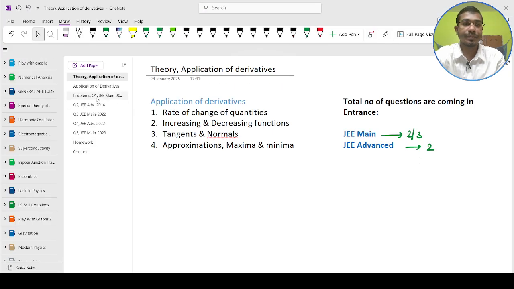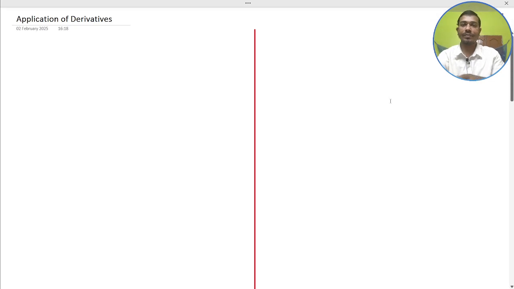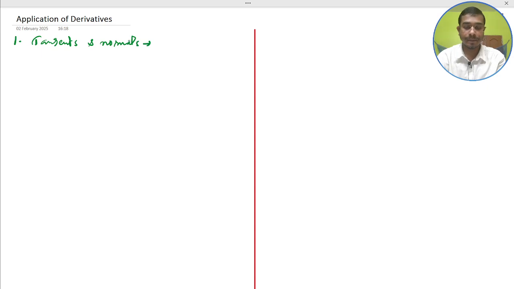So first of all, the application of derivatives. First of all, the tangents and the normals. So suppose this is a graph with origin O, x and y.